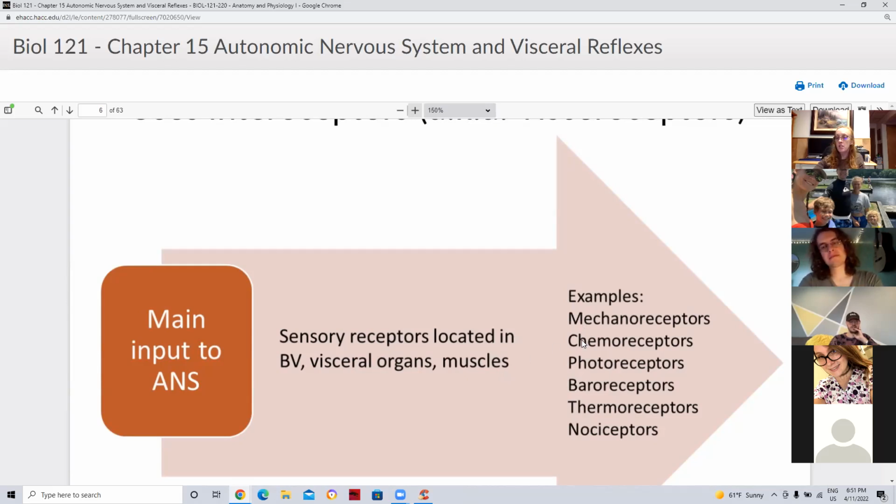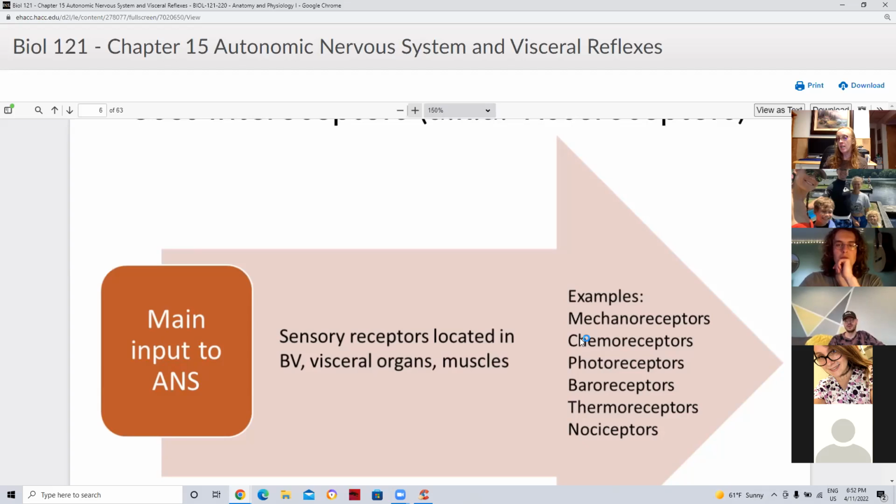What are mechanoreceptors? Mechanoreceptors would be like those that we saw in the ears, where you pull them open. They get bumped and they get pulled open.